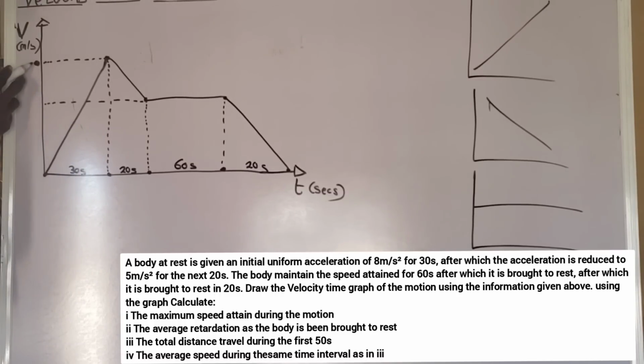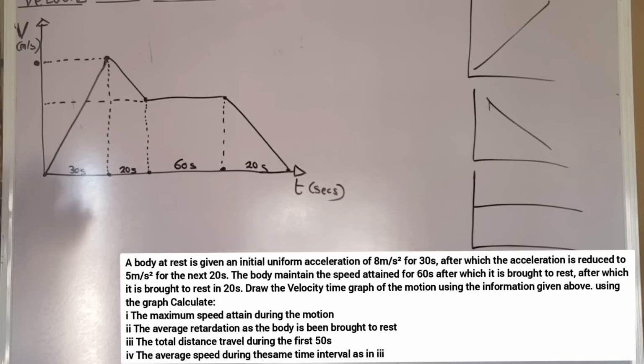We have to first determine this velocity before we can determine the maximum speed attained. The maximum speed attained is the speed or the velocity after the body has undergone retardation.